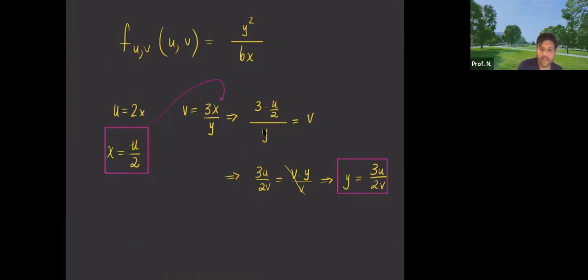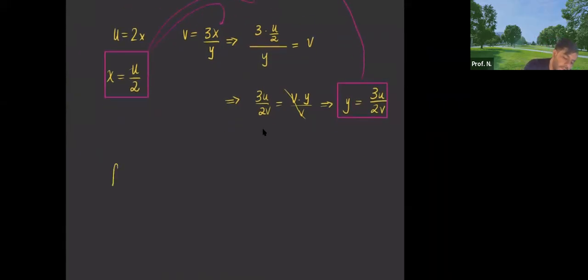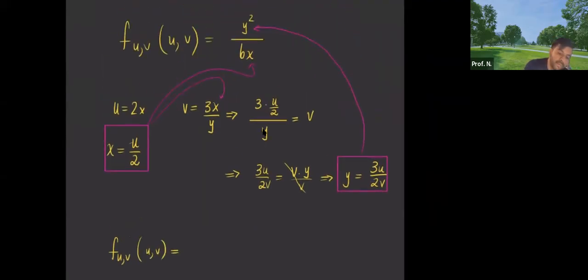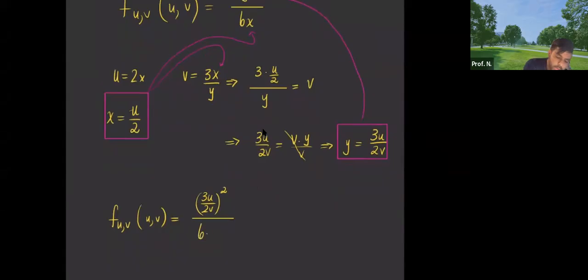So now I can place that, and I can replace that with the joint distribution function. I know that y can be placed inside here, and I know that x can be substituted in here. So I can write this now as f of u, v, and this becomes (3u over 2v) squared divided by 6 times u over 2.